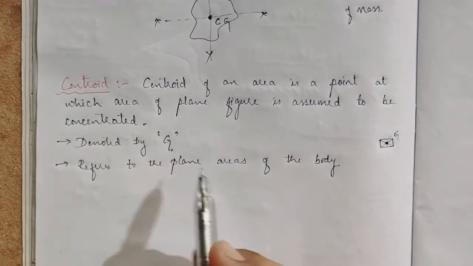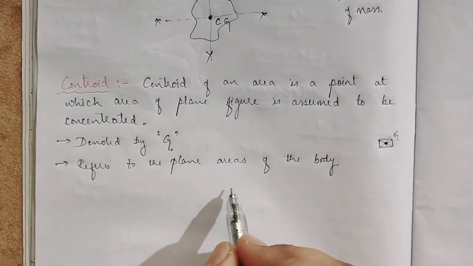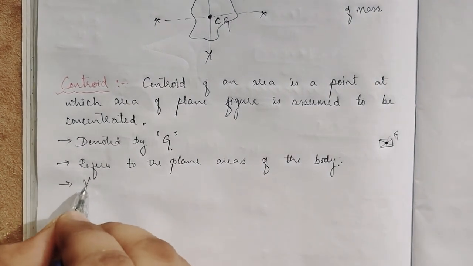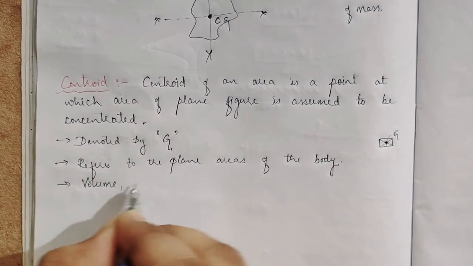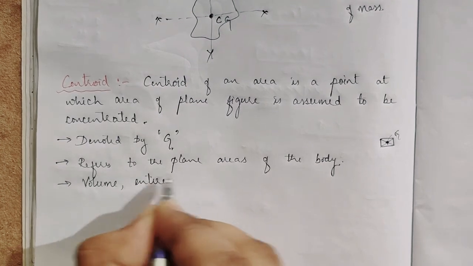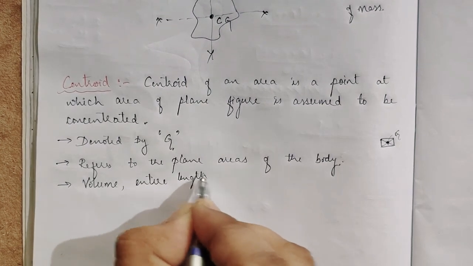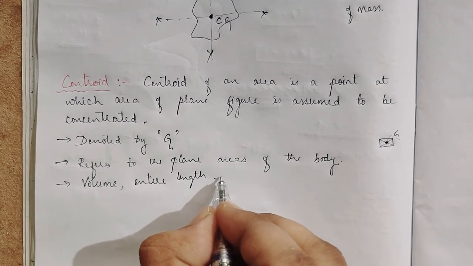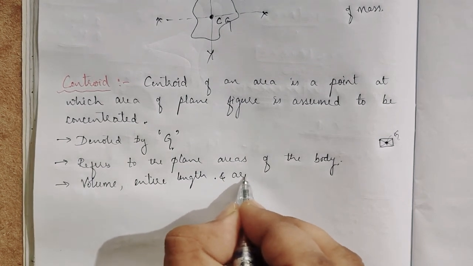It is denoted by G and refers to the plane areas of the body, and it also tells us about the volume, the length, and also the area.